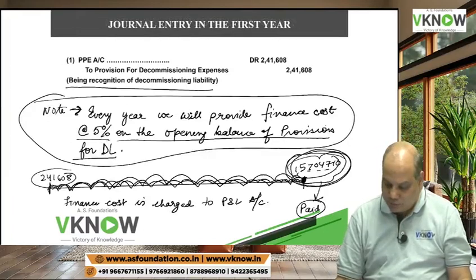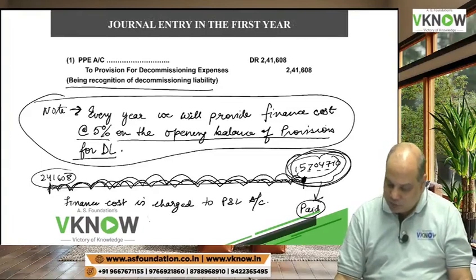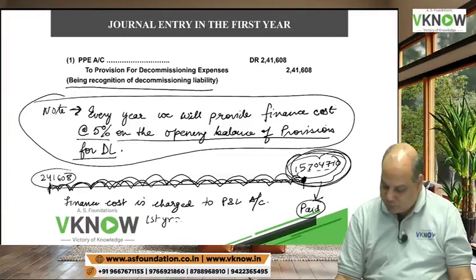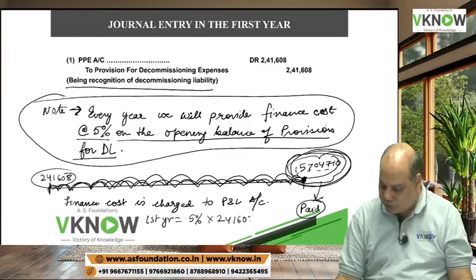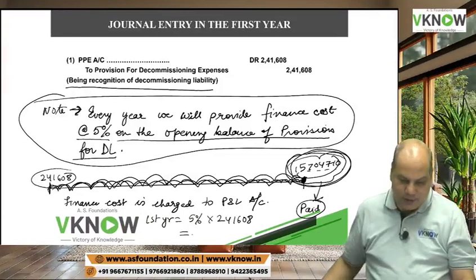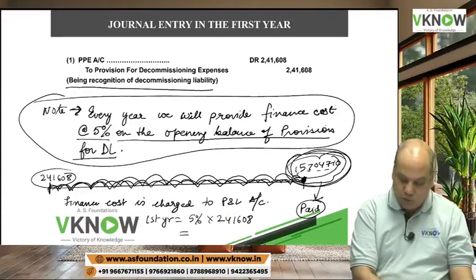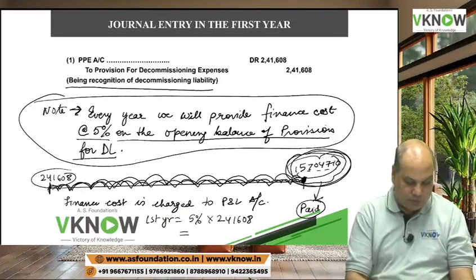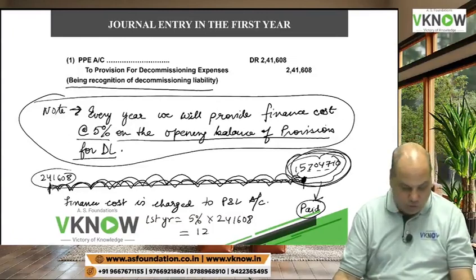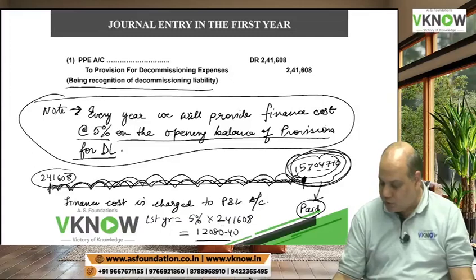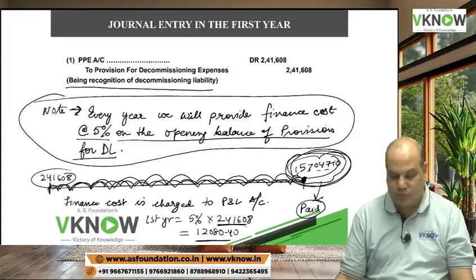Oh, wonderful. In the first year, finance cost will be 5% of 241,608. That is, I think, 12080.40. This you will add to this number.